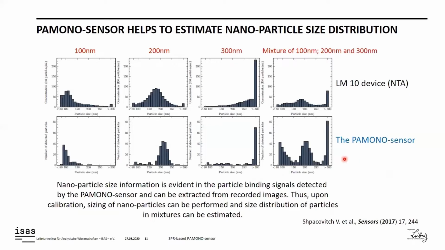And as you may see, our PAMONO-sensor is at least not worse than the LM10 instrument in the separation of different types, different groups of nanoparticles in mixtures, and also in sizing of monodisperse mixtures.